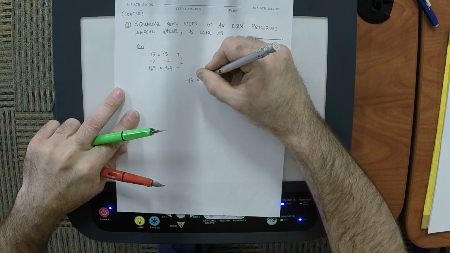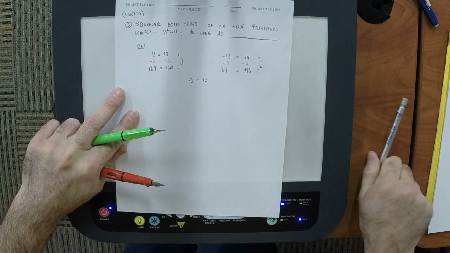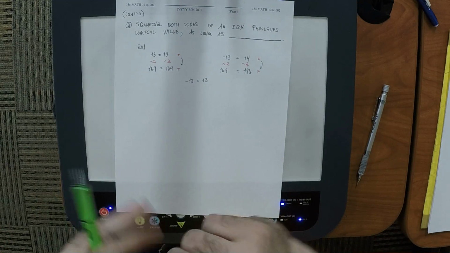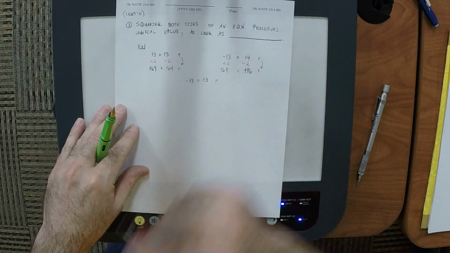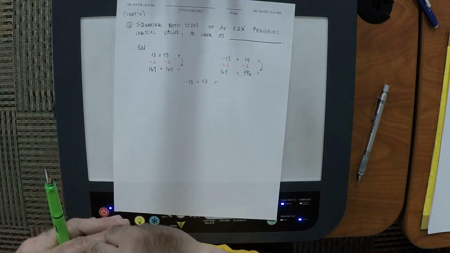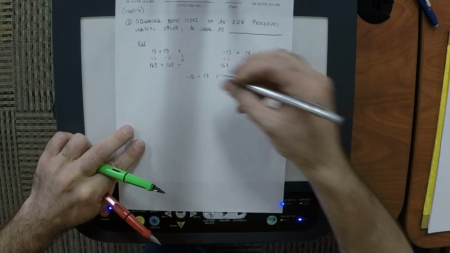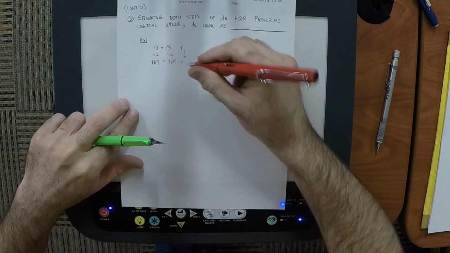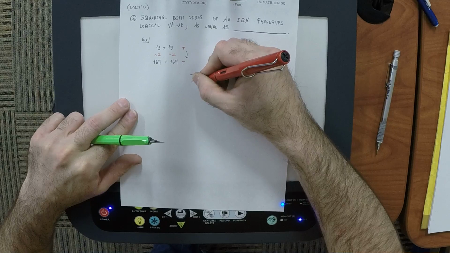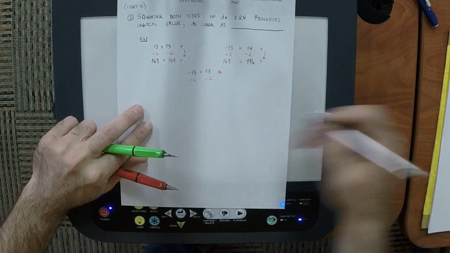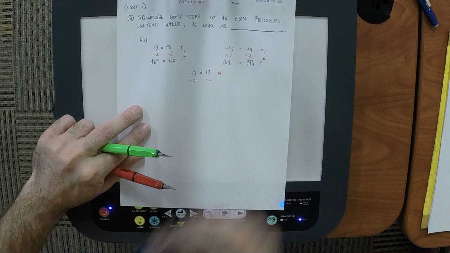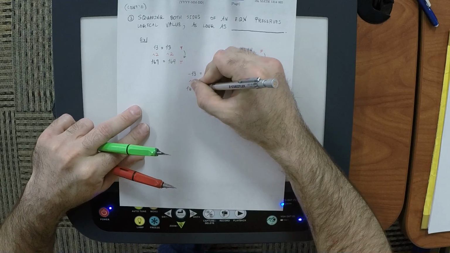Negative 13 equal 13. So what's that equation's logical value? It's false. Because obviously negative 13 is not 13. But if we square both sides, well, what's negative 13 squared? 169.